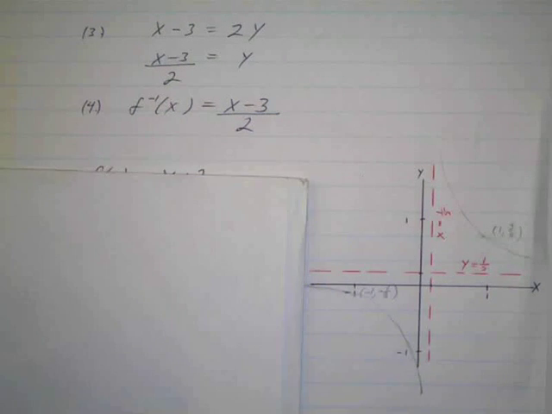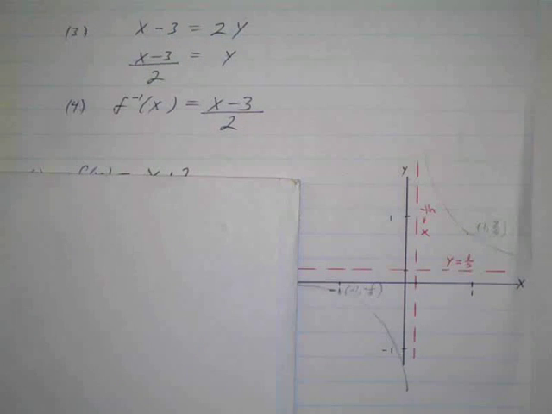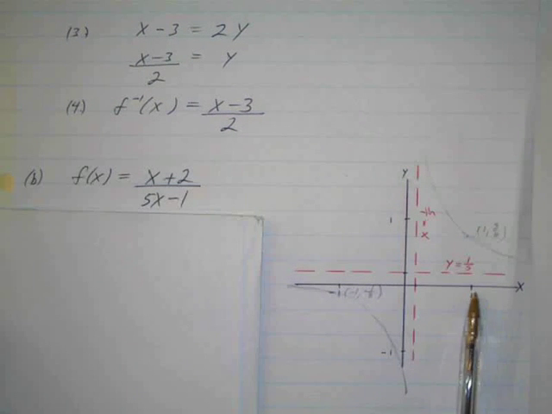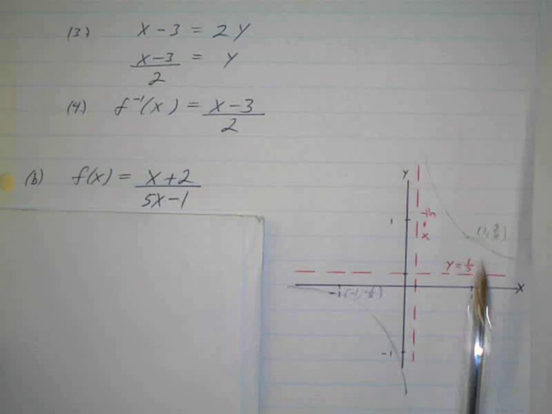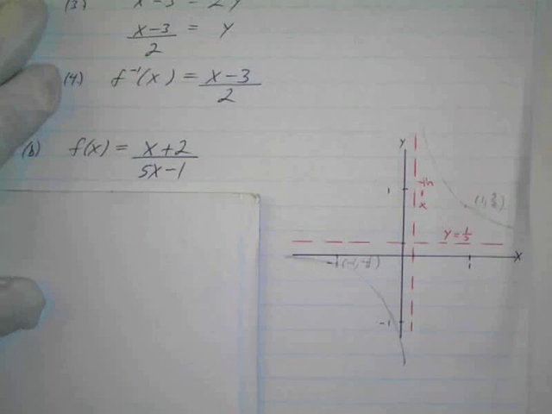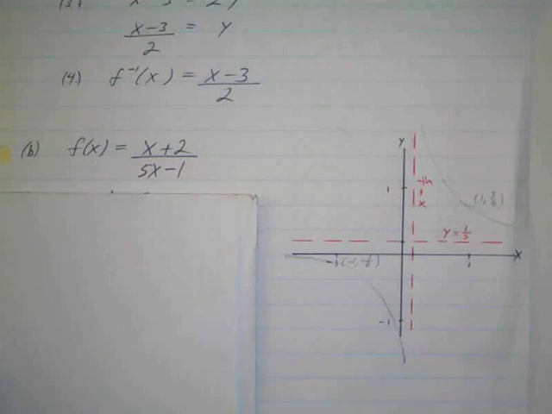So I kind of sketched it over here to make sure that it was 1 to 1. So this is what it looked like, and I tried some points. I put 1 in here, and I got 3/4, and I put -1 in, I got -1/6. So it kind of looks like this. So you can see that it is a 1 to 1 function. Even though it's got vertical and horizontal asymptotes, it's still 1 to 1, so we can still find the inverse.